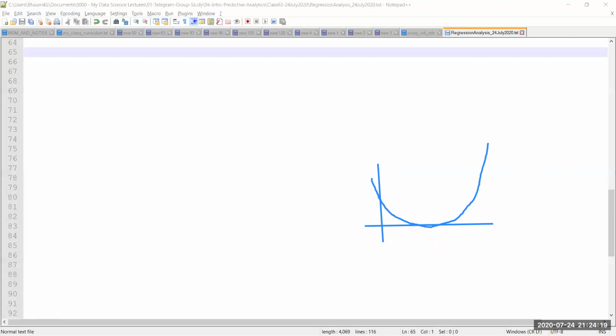I'm going to finally create a curve like this. This curve is my curve for J of theta. I have to find some value of theta 1 somehow where the value is as minimal as possible.